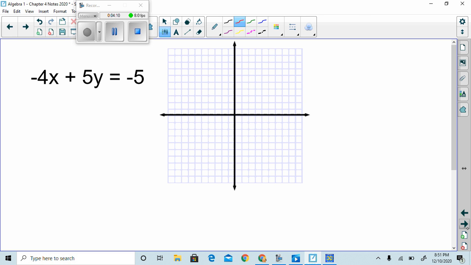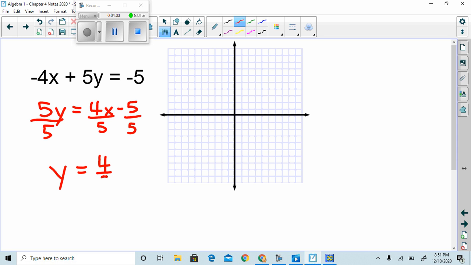Let's do one where we have to rewrite. This is an equation in standard form. Slope-intercept form says let's isolate y in terms of x. We'll divide all terms by 5, and we'll see that we get y equals 4/5 x minus 1.